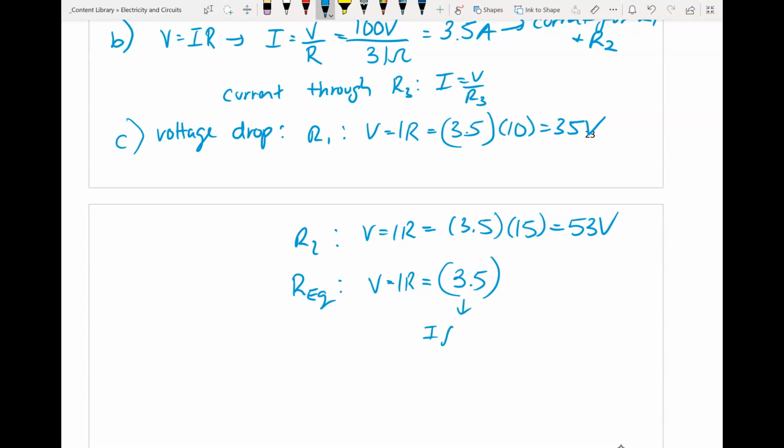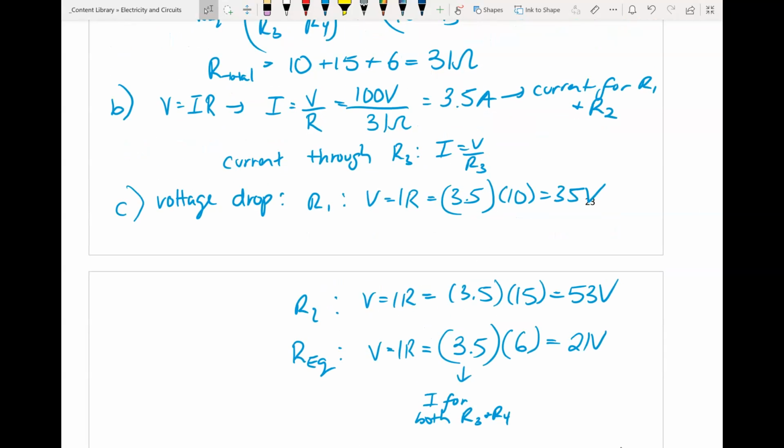So I'm just saying I for both, because it's in a parallel set. And then we already calculated the equivalent resistance in part A for R3 and R4, and that was 6 ohms. So altogether, this is 21 volts. And that's what we needed to find the current through each. So we're going to use this 21 volts and insert this into here.